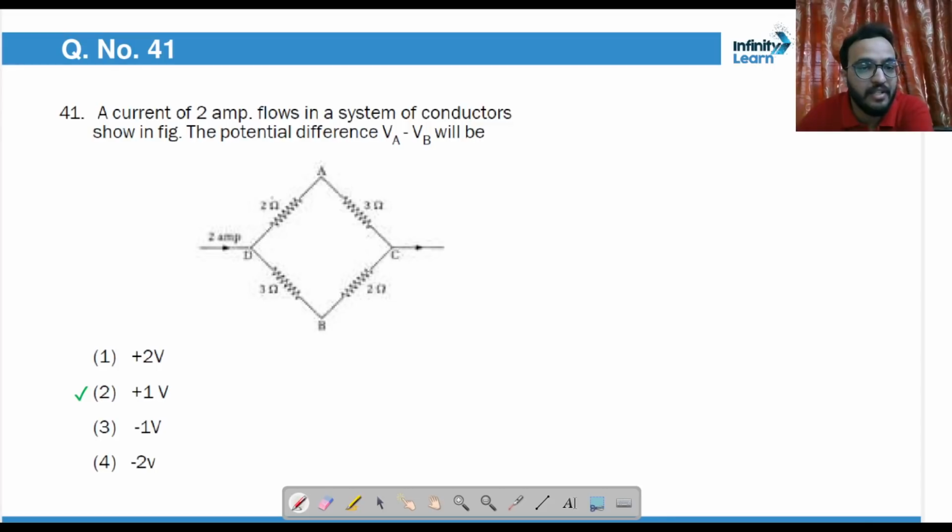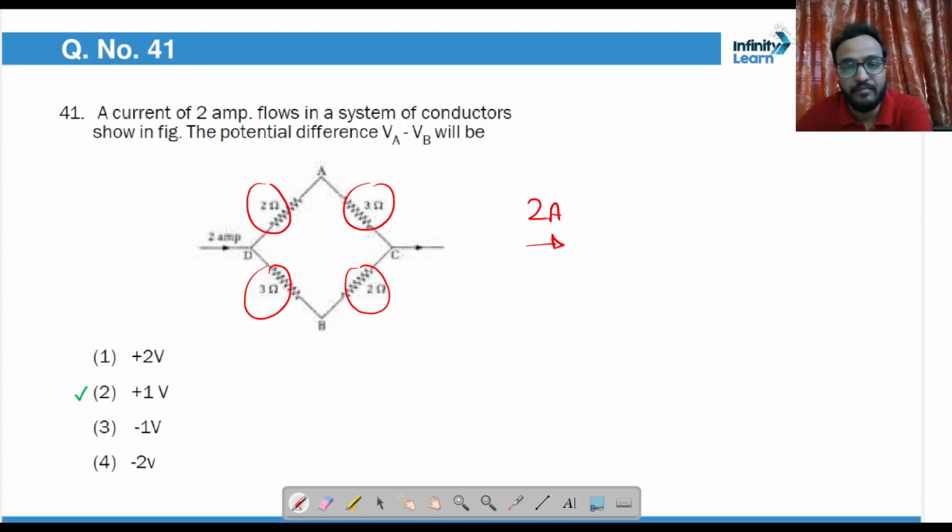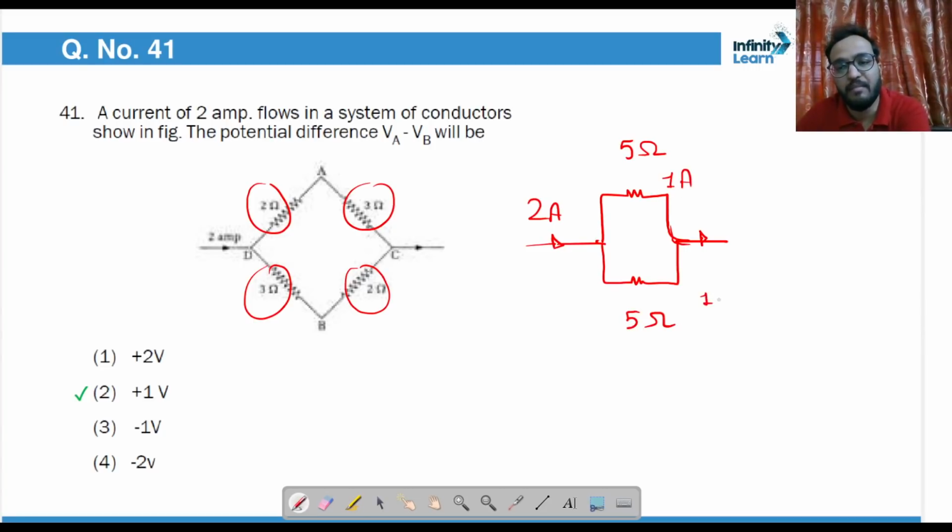This is very interesting. See, this is 2 ohms, this is 3 ohms, this is 3 ohms, this is 2 ohms. So basically 2 ampere is coming, and this is 5 ohms and this is 5 ohms. Obviously current will divide, 1 ampere here, 1 ampere here.